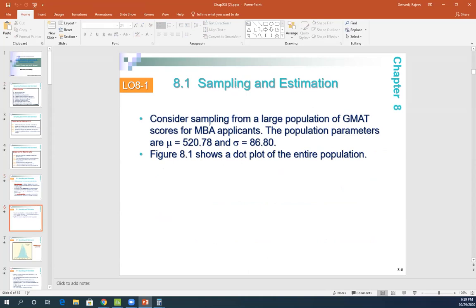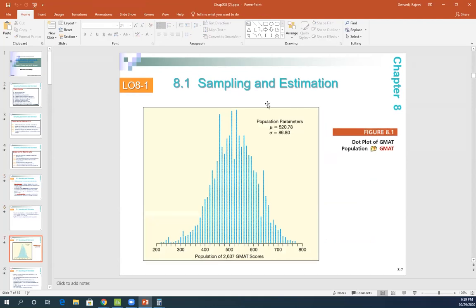So consider sampling from a large population of GMAT scores of MBA applicants. The population parameters are mu and sigma. Here is a large population with mu and sigma.